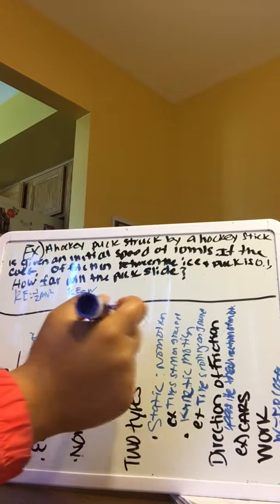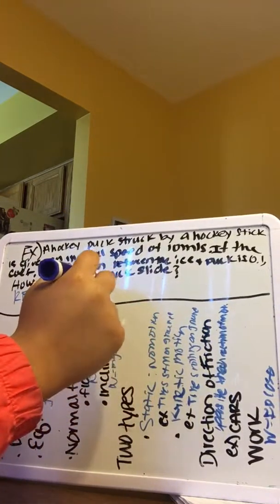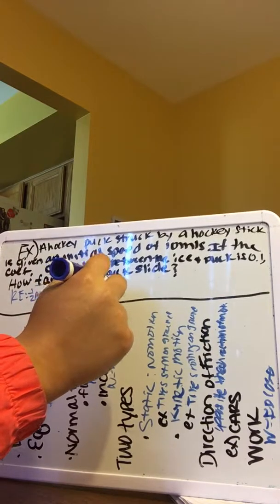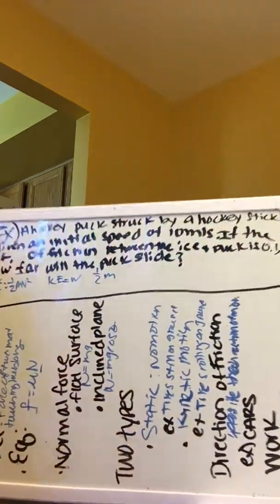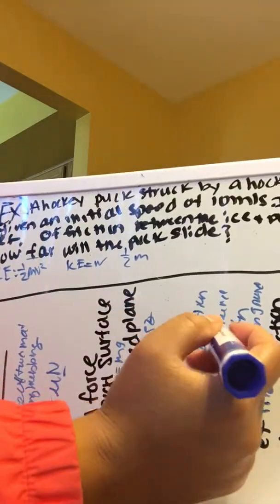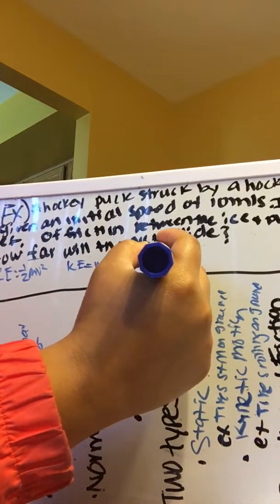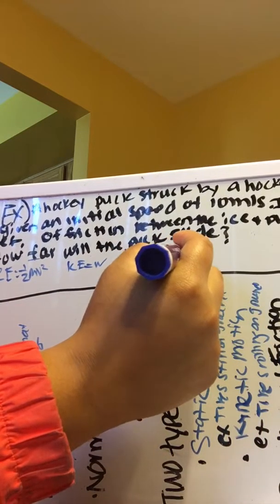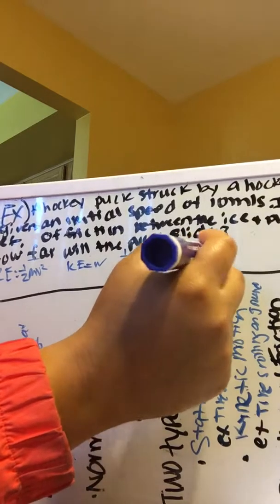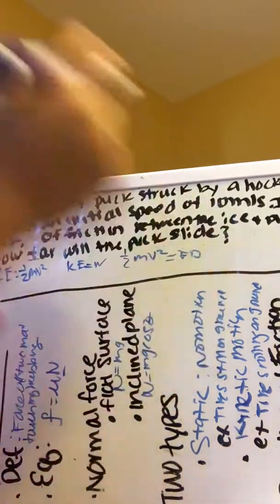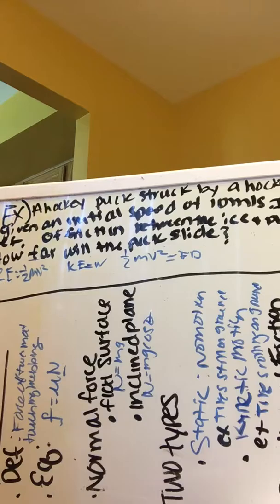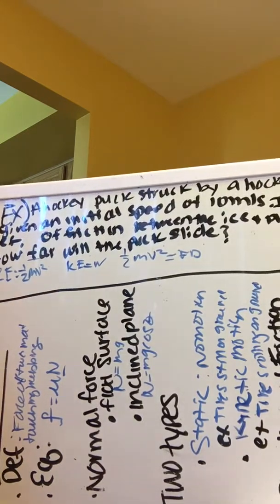So 1/2 mv squared equals work, which is F d. The cosine theta is 0, so it's just F d.